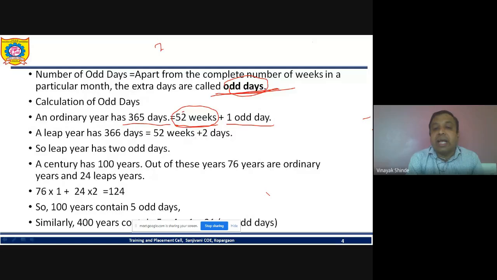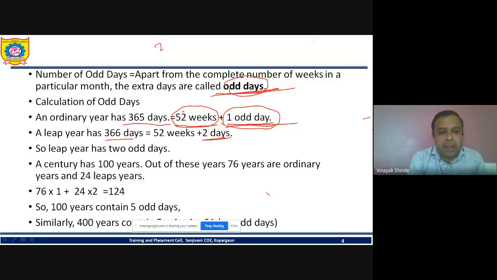So 1 odd day is there. Extra day in 365 days is 1, whereas in 366 days, 2 odd days are there. So these are the odd days of an ordinary year and the odd days of a leap year: 1 odd day for an ordinary year and 2 odd days for a leap year.